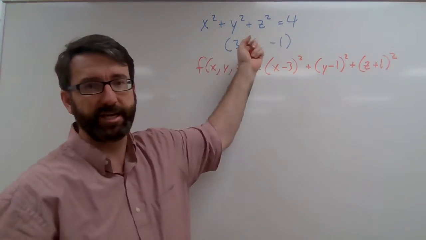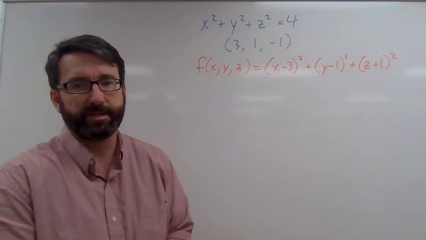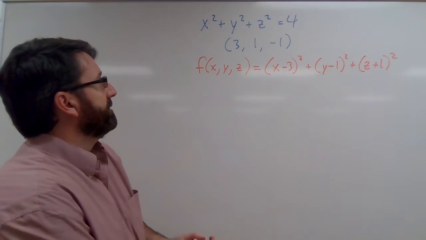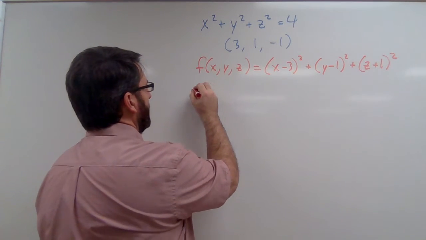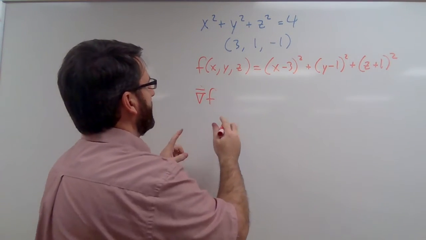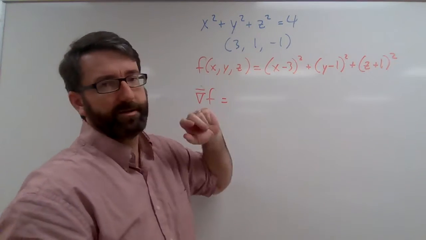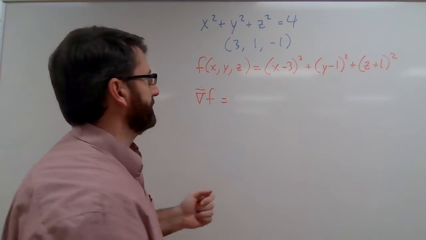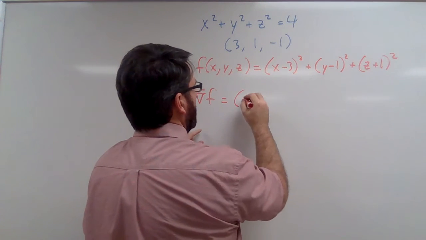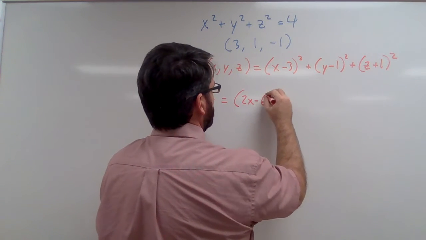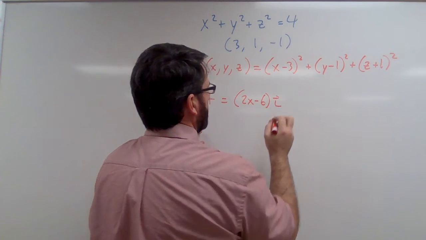This is going to be our g, set that equal to 0. And we know that the gradient of f has got to be equal to the gradient of g times some lambda.